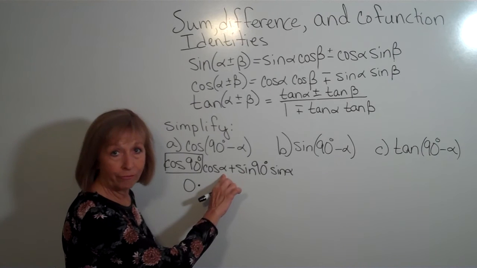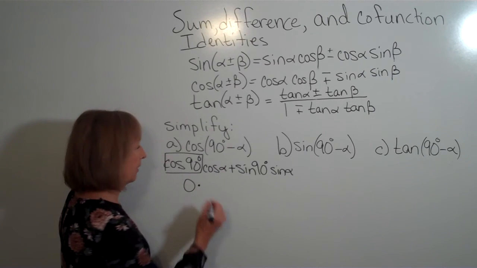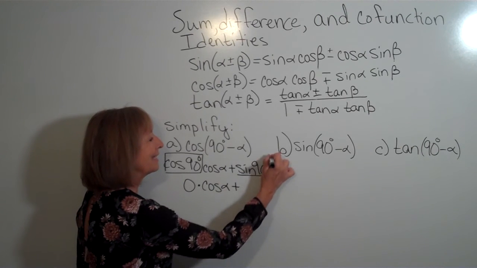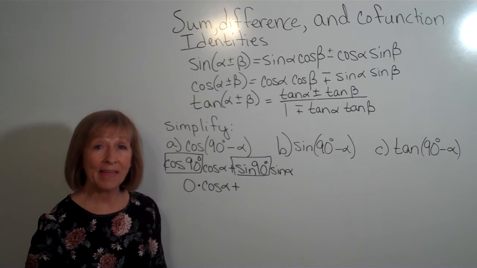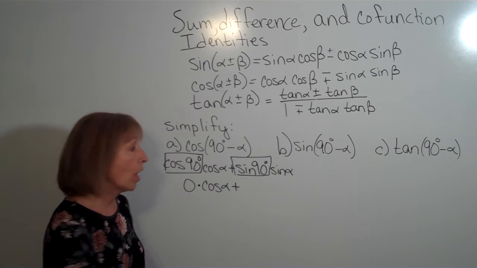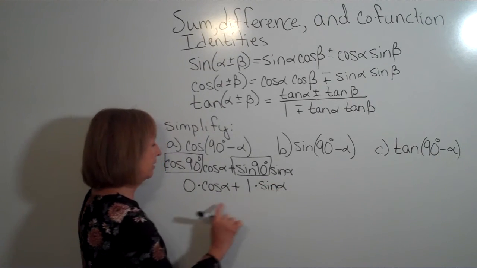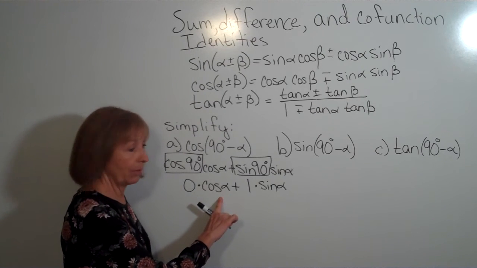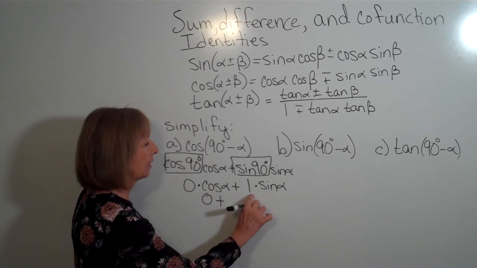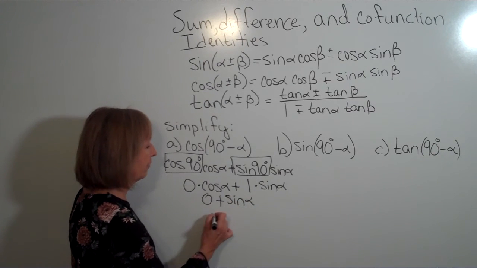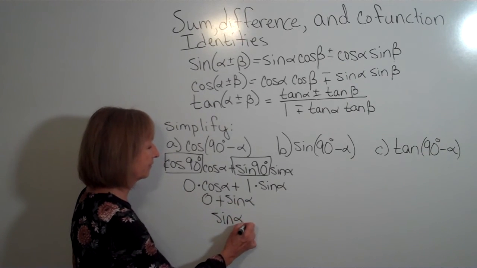Cosine of alpha, alpha is a variable angle, so I just have to write cosine alpha. Plus, the sine of 90 degrees, I know what that is. The sine of 90 degrees is 1 times the sine of alpha. So 0 times anything is 0. So I have 0 plus 1 times sine alpha, which is just sine alpha.